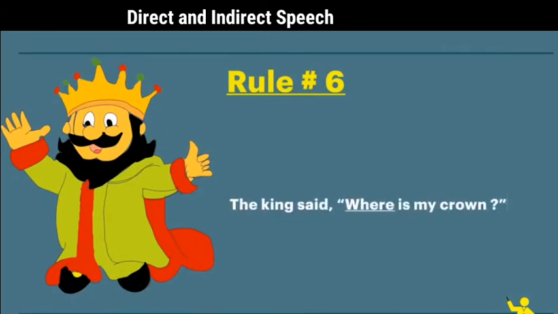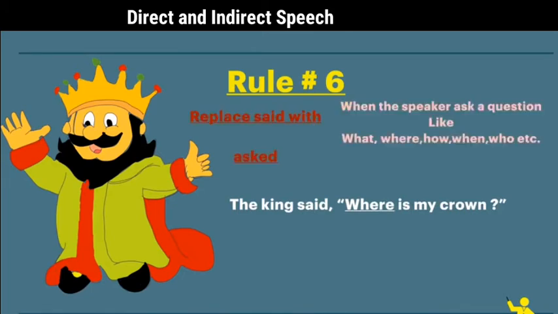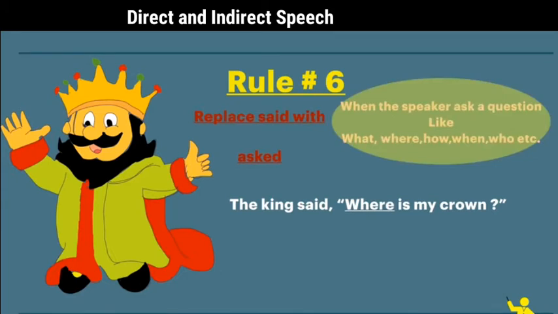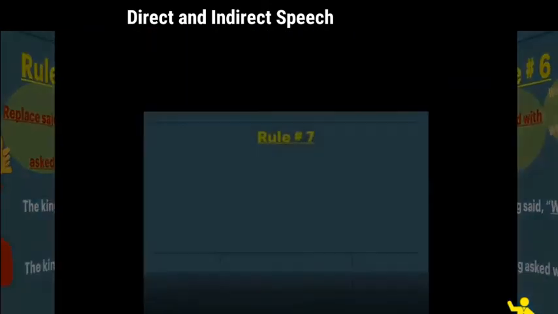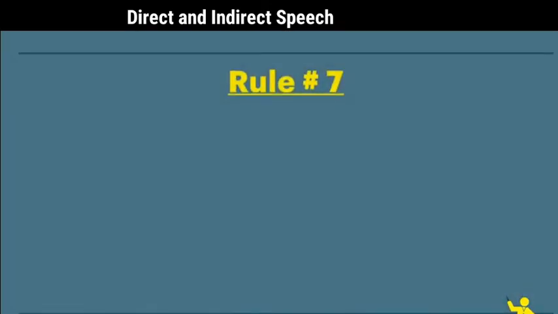The king said, "Where is my crown?" So it is beginning with where. So we'll replace said with asked here. The king asked, "Where was his crown?" So in the reported verb, asked. Now rule number 7.